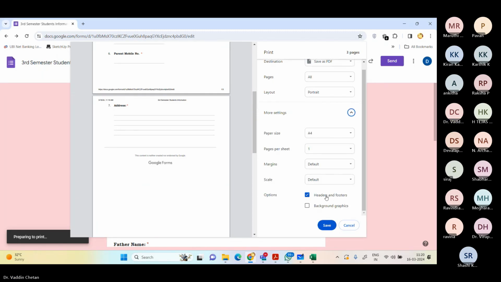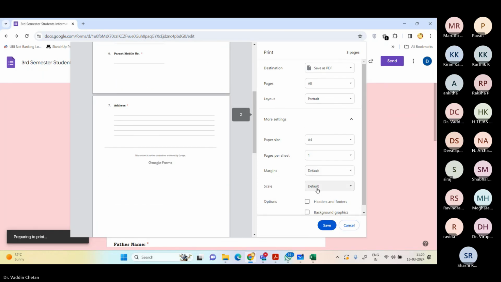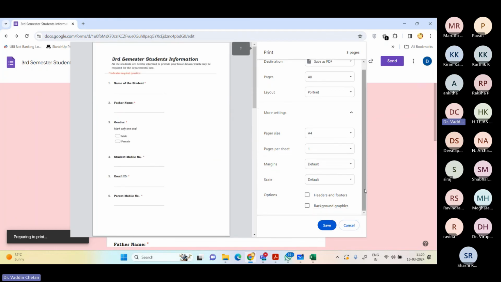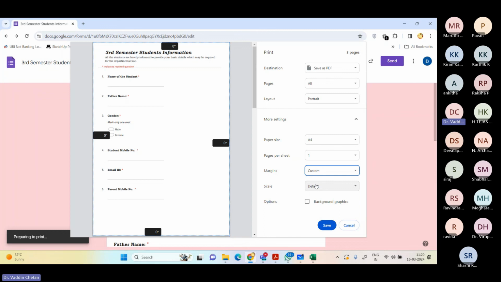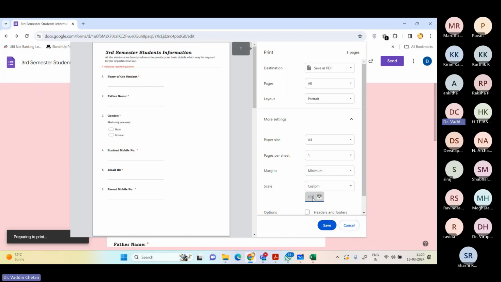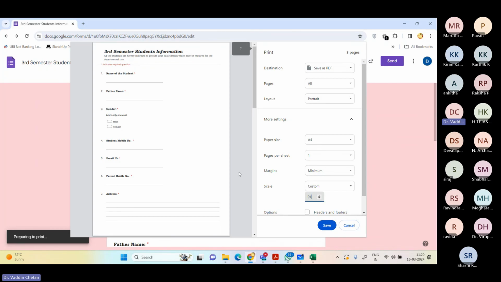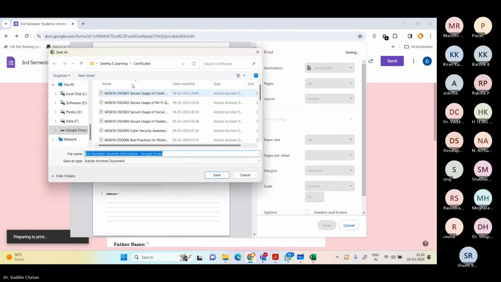Let me, I don't need that. Return photos, I don't need. Custom margin. None. Give it a minimum margin. Why I'm doing it is I'm trying to bring the address column also onto a single page. Right? Save it.